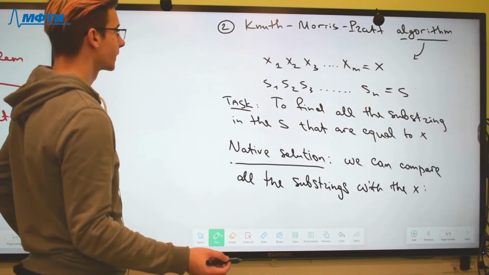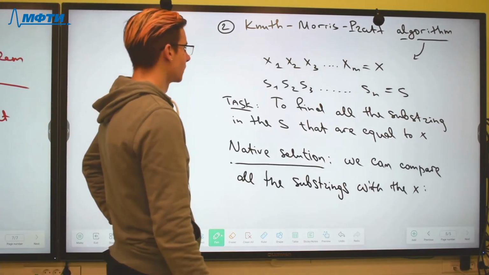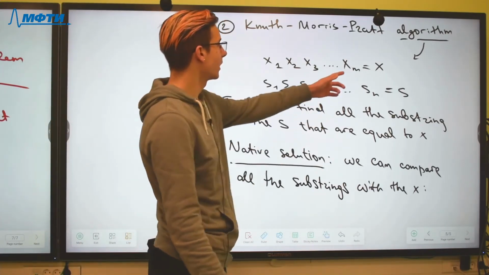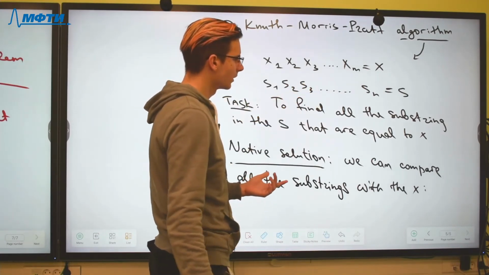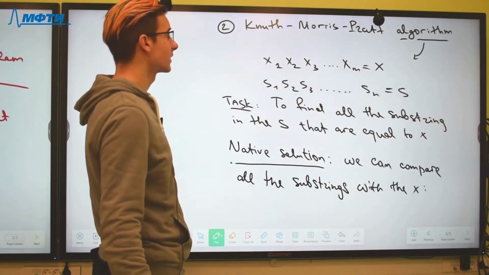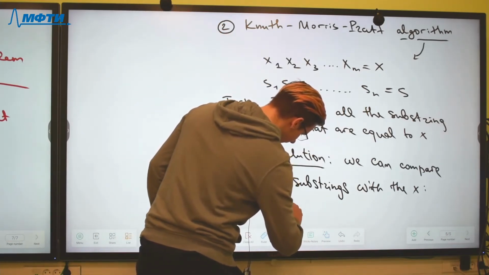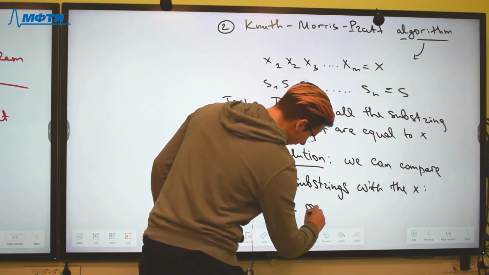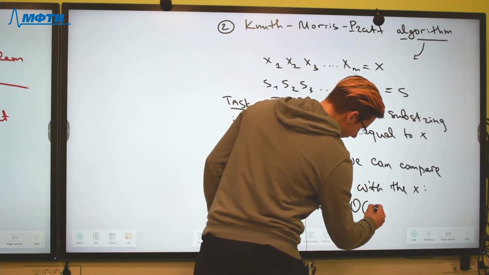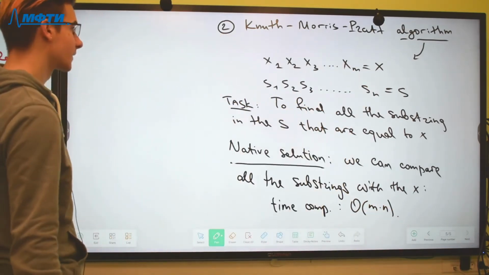So we know that the number of substrings with the length of m is equal to n minus m, and asymptotically the time that we spend on it is equal to the multiplication of these two numbers.